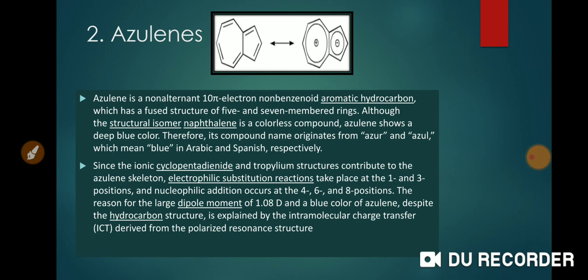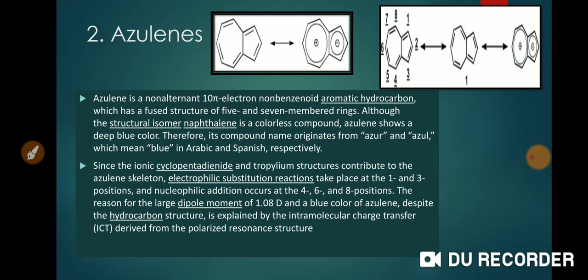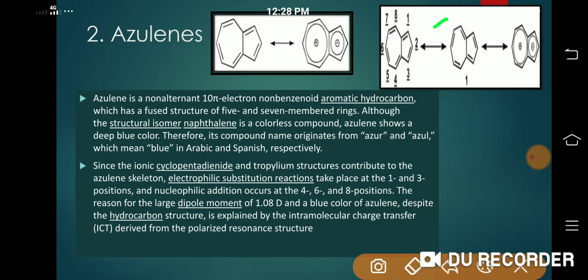Since the ionic cyclopentadienyl ion and tropylium ion structures contribute to the azulene skeleton, the cyclopentadienyl ring gives electrophilic substitution reaction at 1 and 3 carbon atoms, whereas it gives nucleophilic substitution reaction at 4, 6 and 8 carbon atoms.